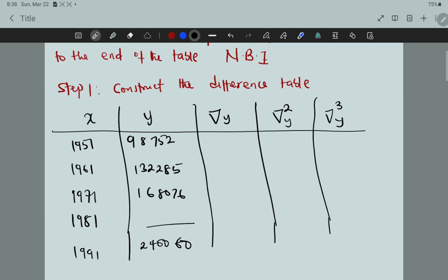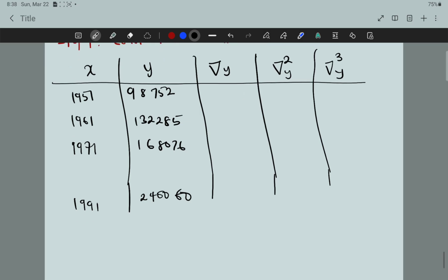So let's erase the part that we don't know. Let's do this quickly.